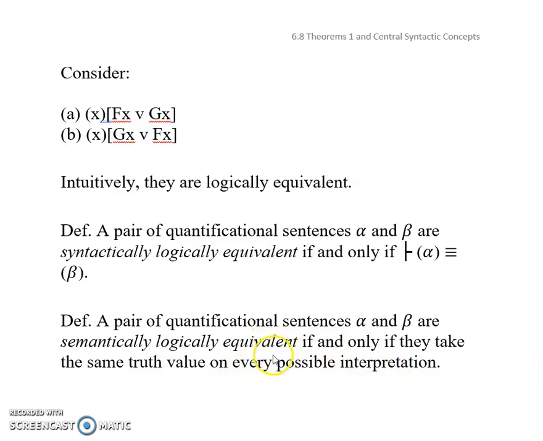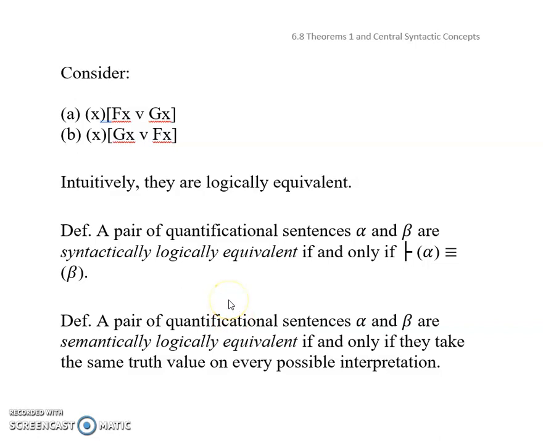You'd have to show something on every single possible interpretation, namely that whenever this one was true, so was the other, and vice versa. We just didn't have the resources, the techniques to be able to prove something like that at that point.